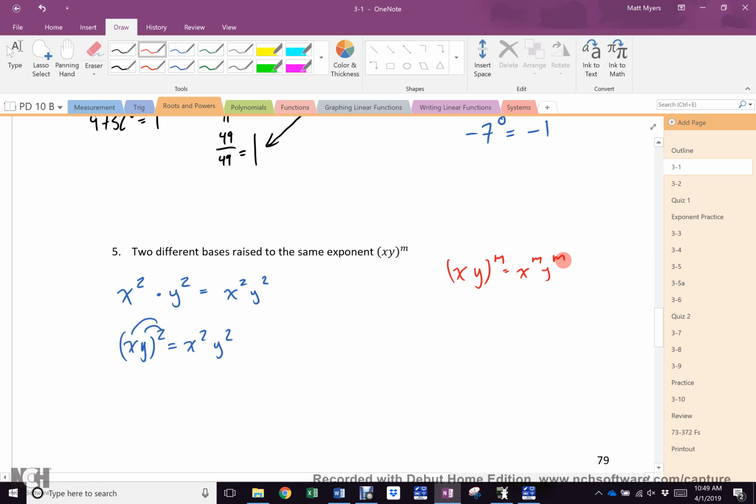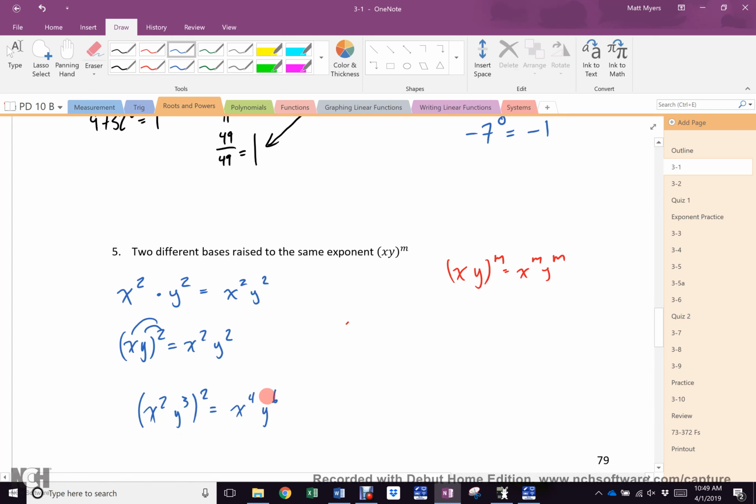So what if I had this? (x squared y cubed) squared. What would that be? x to the 4th, y to the 6th, because I can't forget law 3. Everybody cool?